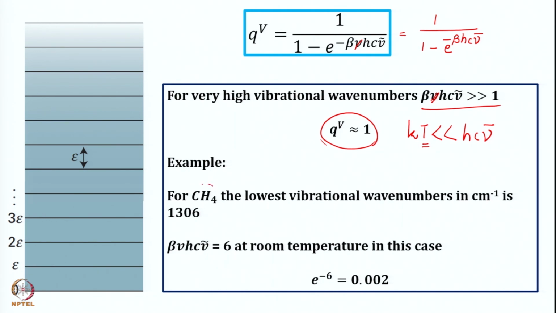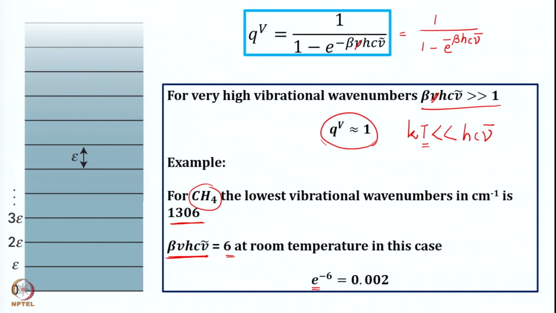For example, take the methane molecule. In the methane molecule the lowest vibrational wave number is 1306 centimeter inverse, and when you use room temperature, let us say 25 degrees centigrade, then the value of beta h c nu bar, where h is Planck's constant, c is the speed of light, and nu bar is the wave number, turns out to be 6, and exponential minus 6 is 0.002.